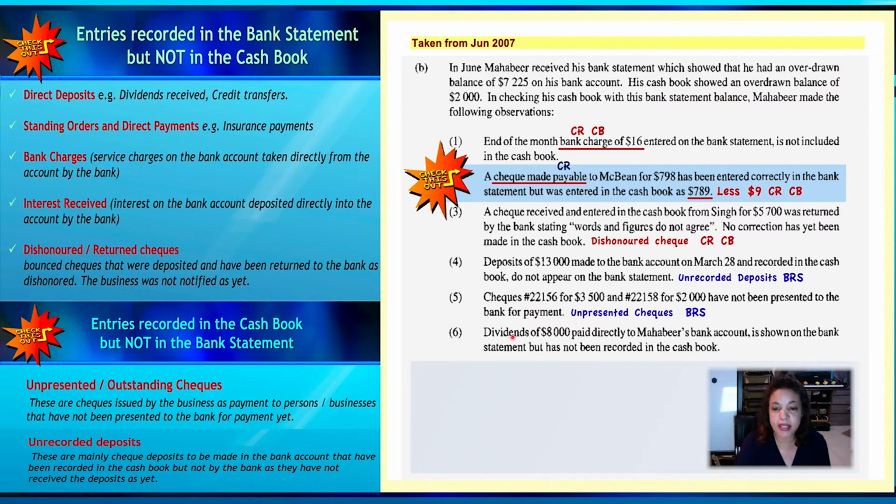And then the last, dividends of $8,000 paid directly to his bank account, shown on the bank statement, but not in the cash book. That means we have to put it in the cash book. And which of these 5 items do you think it is? It's basically dividends paid directly.